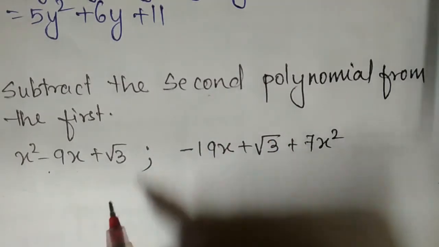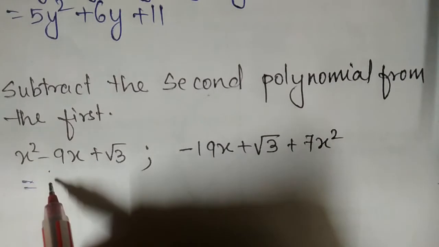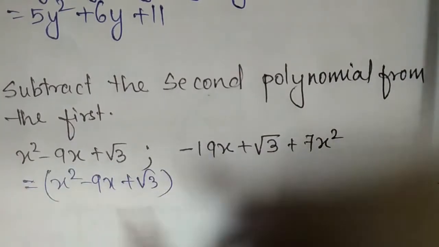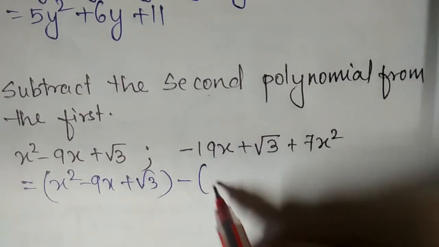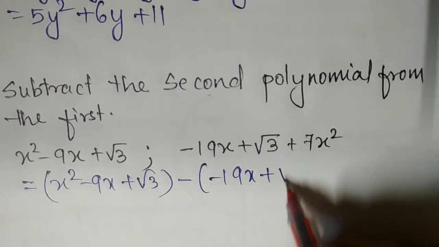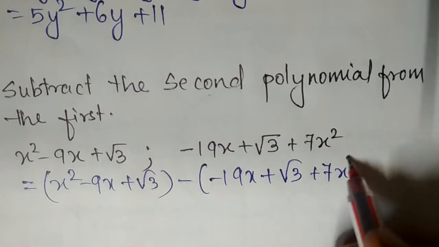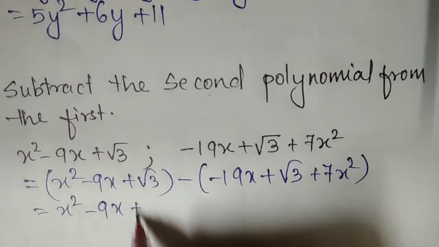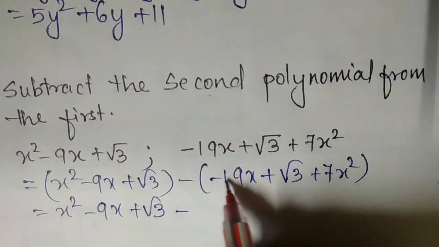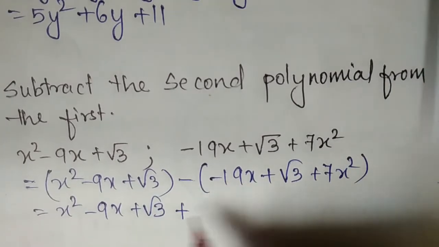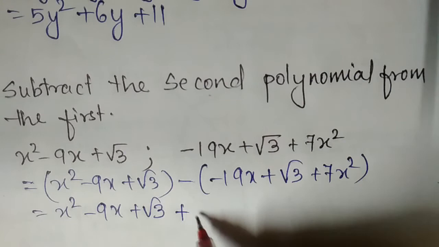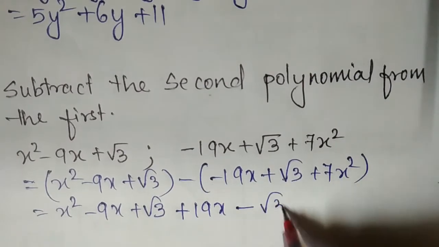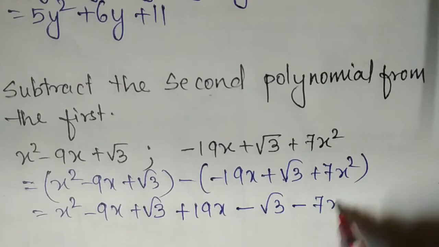So first we will write x square minus 9x plus root 3 in the bracket, minus the second polynomial. We will remove the bracket: minus 9x plus root 3, minus multiplied by minus we get plus, so plus 19x. Minus multiplied by plus root 3 gives minus root 3, then minus 7x square.